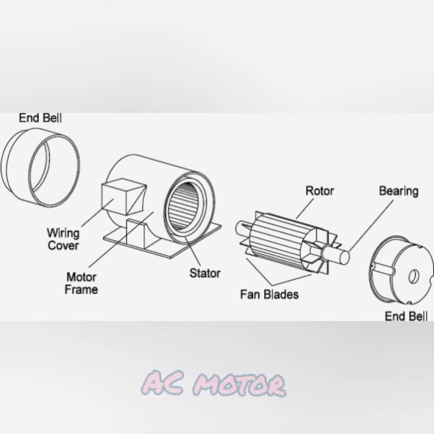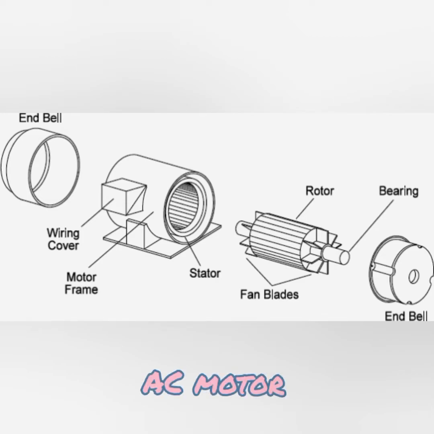The wiring cover means the terminal portion, and then the motor frame, which means the yoke, is constructed on the outside to protect the motor. Then the stator carries the stationary parts and stationary windings, meaning the stator windings.